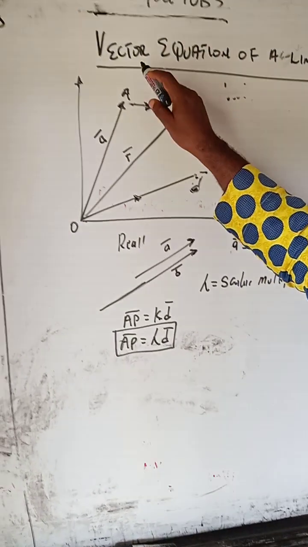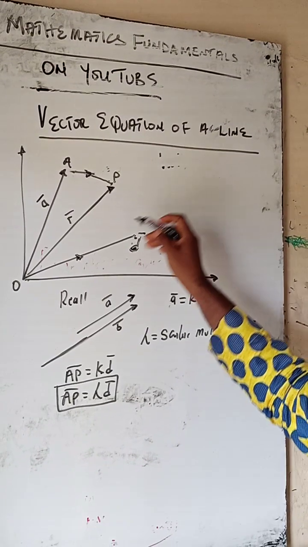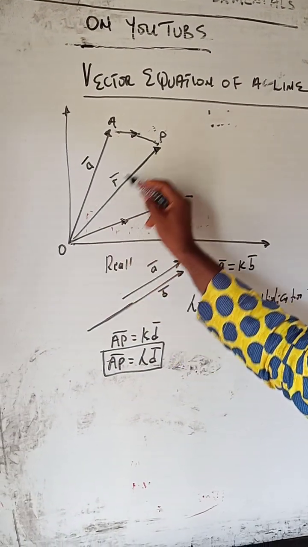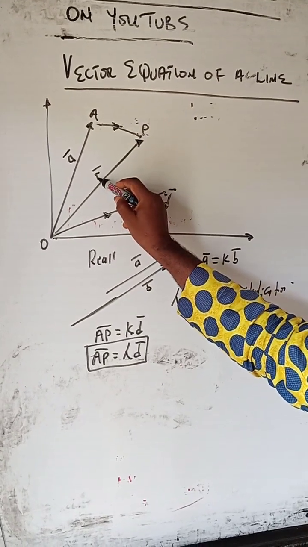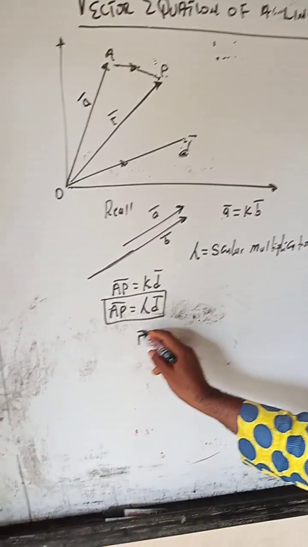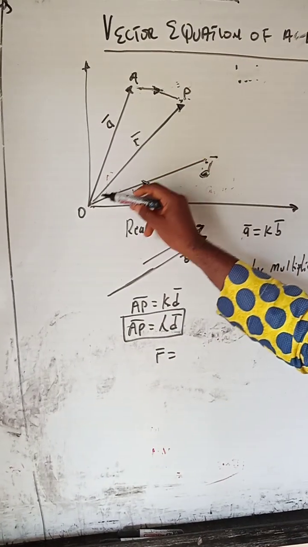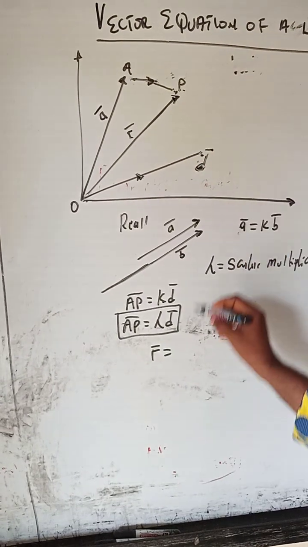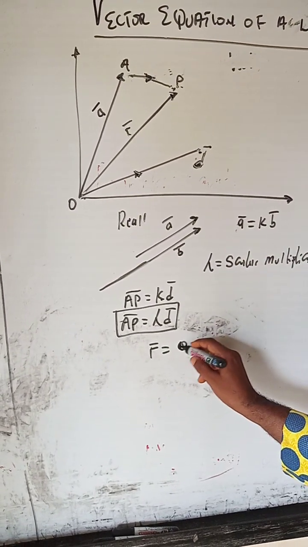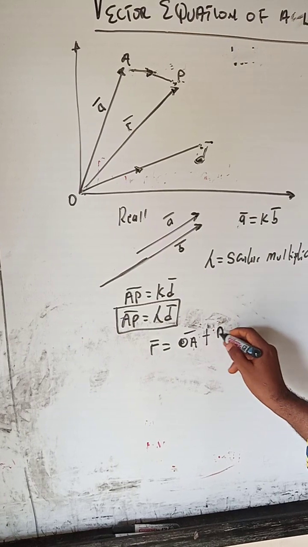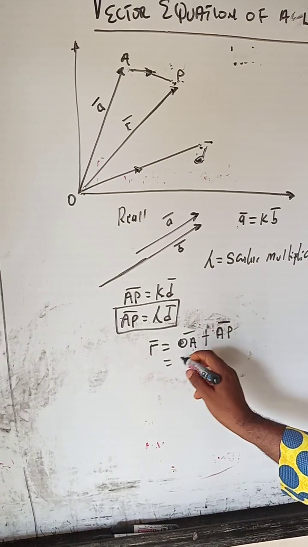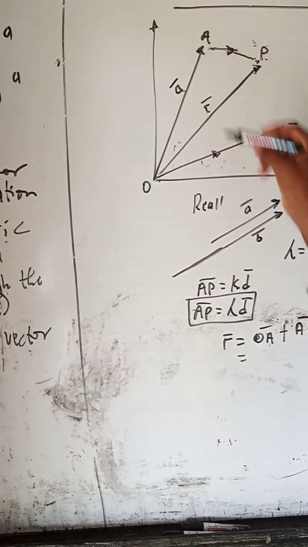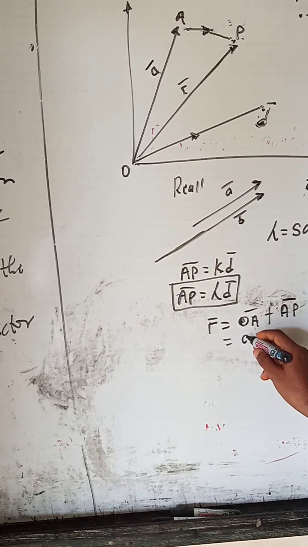Now, to determine the vector equation of a line, this is how we are going to do it. If you are moving from point O to P, it is described by vector R. So I'll write vector R is like from O to P. It seems now moving from O to A and A to P. So I have O to A plus A to P. O to A that I have on this board here is written with vector A. So instead of OA, I'll put vector A there.